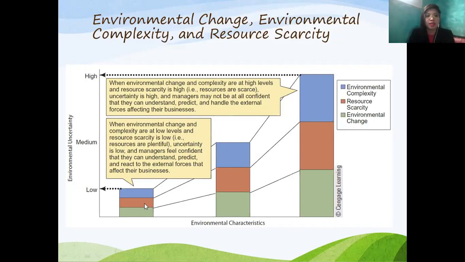As you can see here, there are three layers of rectangular boxes colored blue, red, and green that signify the environmental complexity, the resource scarcity, and the environmental change. And then we have here the environmental uncertainty: low, medium, and high.